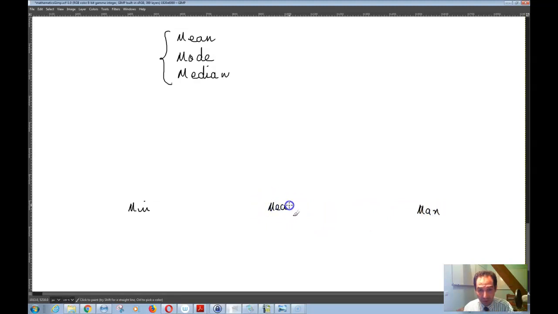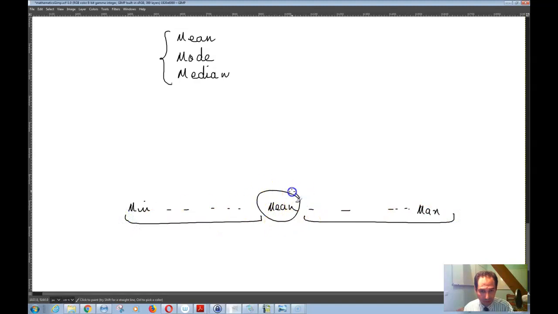Here is your mean, and it takes into account all of these observations and gives you some value, which you can use, for example, in order to compare two or more distributions.